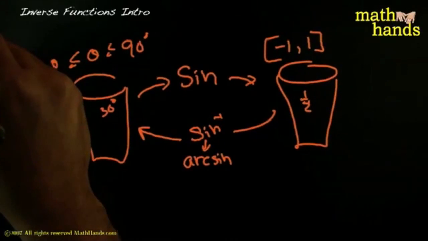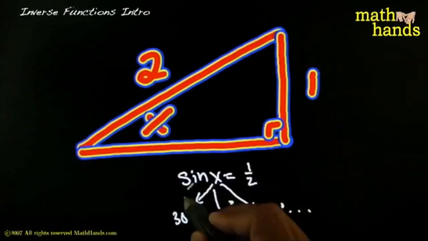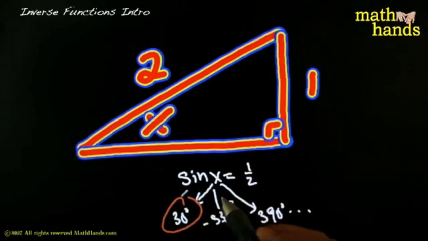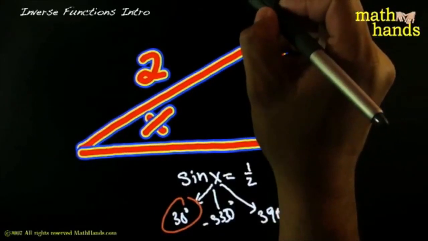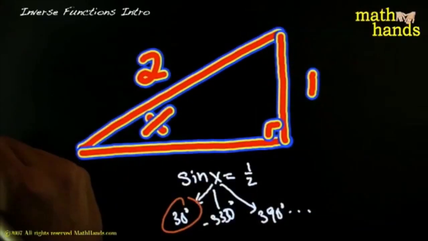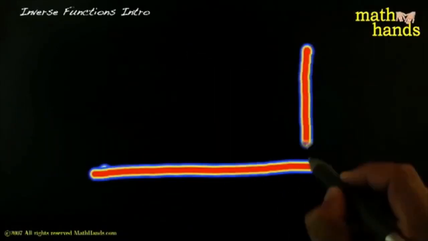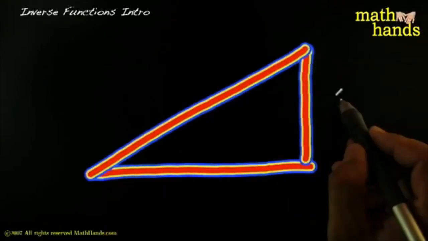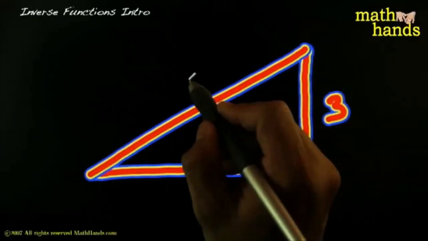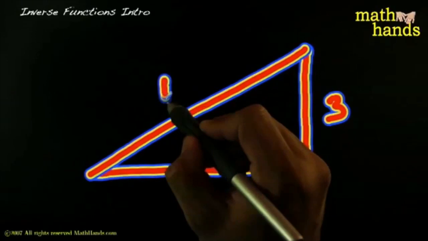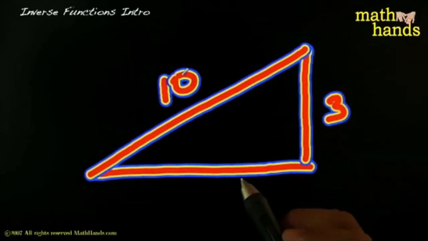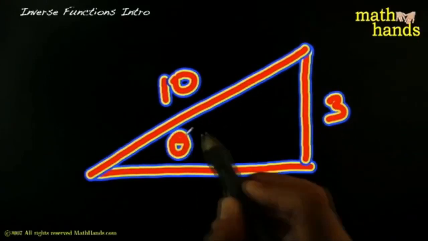So let's change it up a little bit. So anyway, here the 30 degrees is the one we go with. What would happen if we change it up to something that's not famous? Say we have a triangle here where the ratio is 3 to 10. We'll take that 3 to 10, and you want to know what this angle theta is.